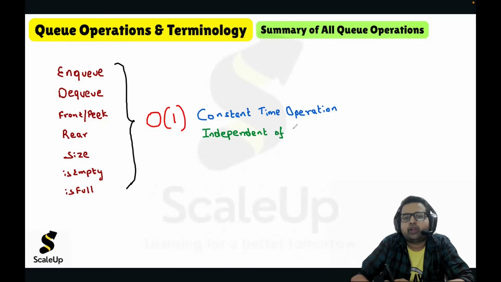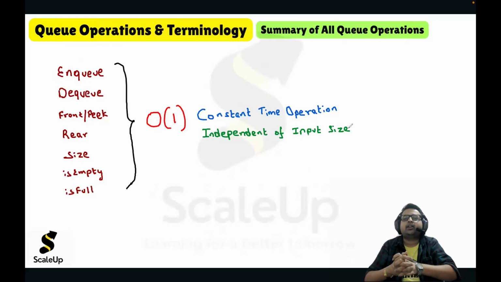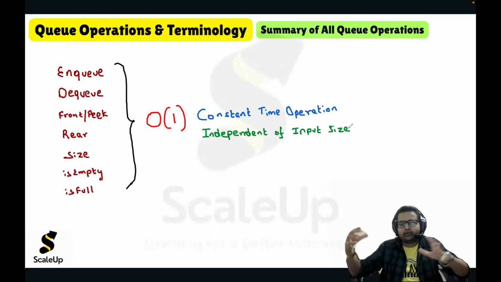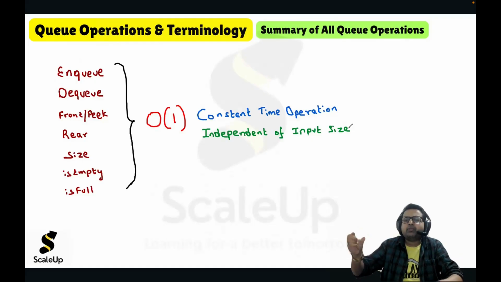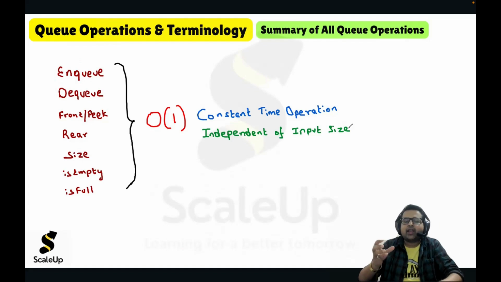A very powerful point. Because we saw all the operations, and we are just incrementing. When you do the NQ operation, you increment the rear by 1. No loop was involved, no iterations were involved. All these operations involve just incrementing the rear or the front, or returning the front or the rear value, or some basic comparisons. All of them are big O 1, constant time operations.